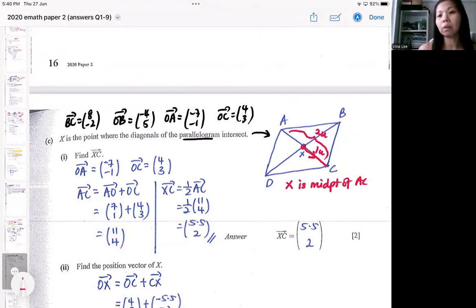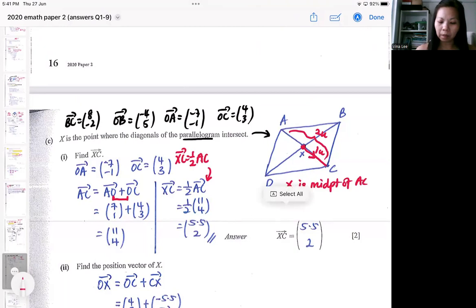So I should try to find my AC first. I'm going to use this idea: XC is actually half of AC. So this is the main idea that I'm using. I will find my AC by filling in the blank, and then subsequently, I can find my XC.